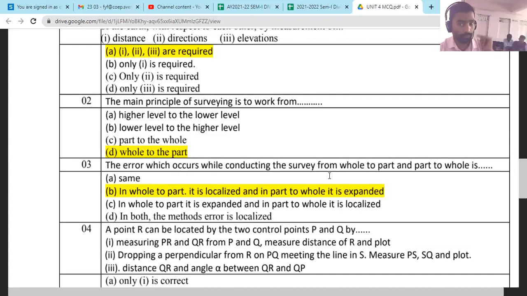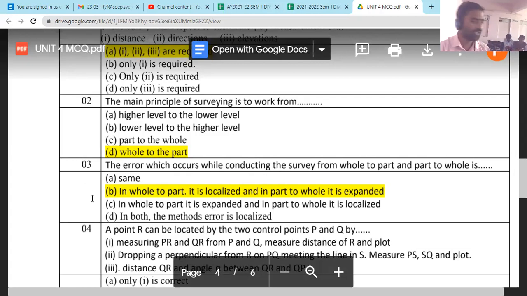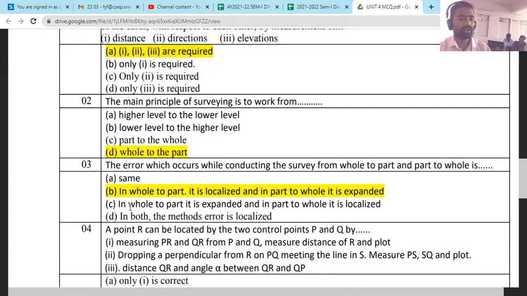Are the errors the same in part to the whole? No. In a whole to part, it is localized, and in part to a whole, it is expanded. Then in option C, in a whole to a part, it is expanded, and in the part to a whole, it is localized. Option D, both methods, error is localized. See, I have explained this one.